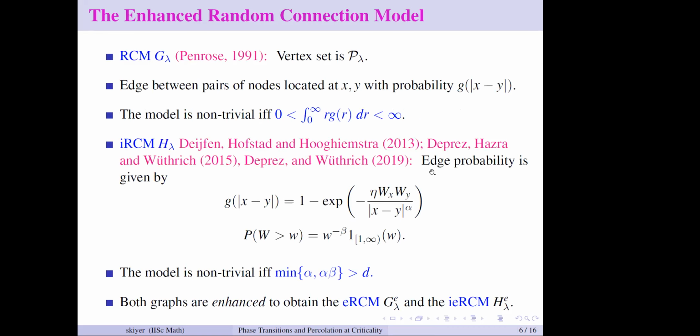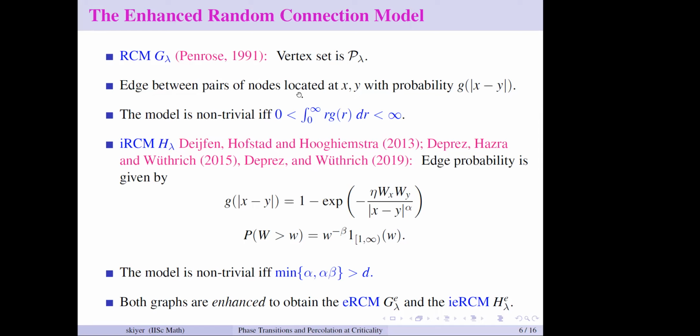So while we are at it, we can actually throw in a couple of other models. I don't want to get into how we came to consider these models. The first model is what is called the random connection model. This again was introduced by Mathew Penrose in 1991. Again, the vertex set of this model is a Poisson point process, and we have a connection function g, which maps 0 to infinity into 0 to 1.